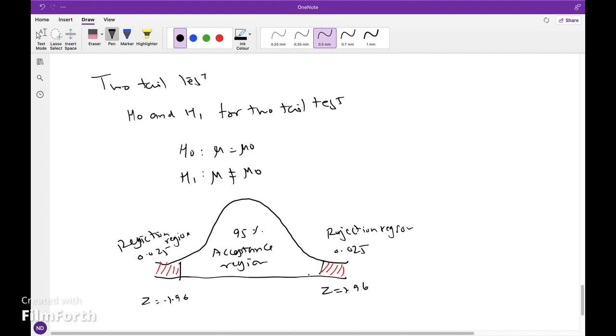In the above consideration of one-tail and two-tail test, we have taken the significance level 0.05. The same way we can also consider 0.1.